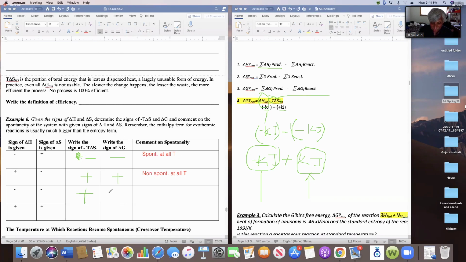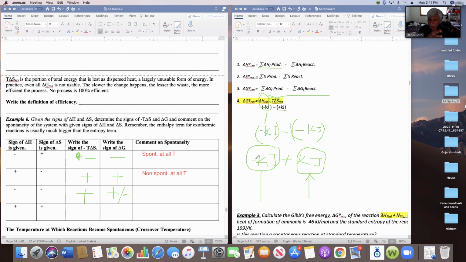Write the sign of delta G, positive or negative. It can be either one, positive or negative, depending upon the temperature. If the temperature is very high, then this kilojoule would be much bigger than this kilojoule. So it depends on the temperature. Low temperature, spontaneous. High temperature, not spontaneous.